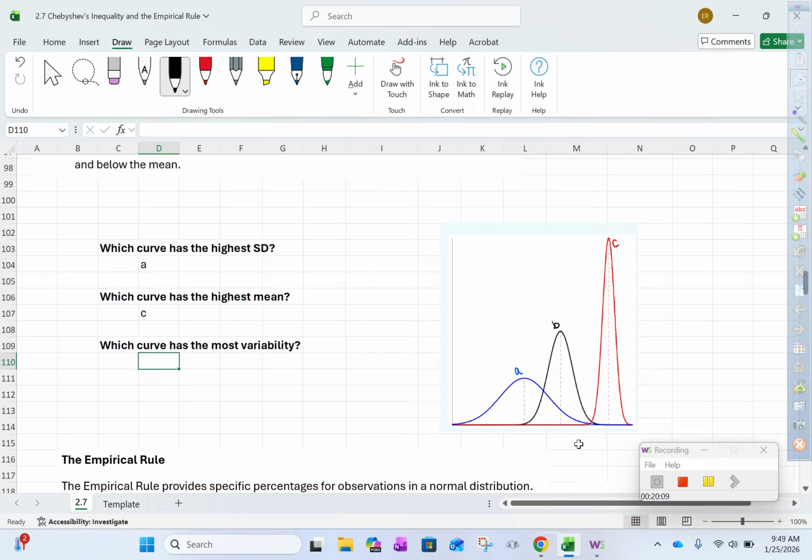Now, I do want you to be careful, because in order to say that this is really more spread out than this one, we have to know a little bit about what the context is, because this one, looking here, has a lower mean and a larger standard deviation, whereas this one has a higher mean and a smaller one. So just like when we were talking about percentages, knowing a base number, knowing what we're comparing to, the mean, is going to be important for us.